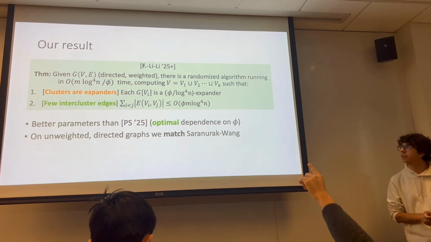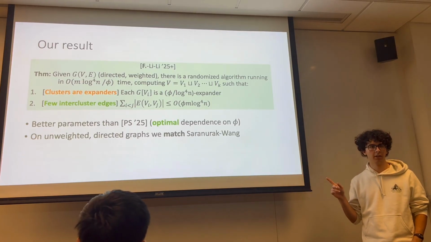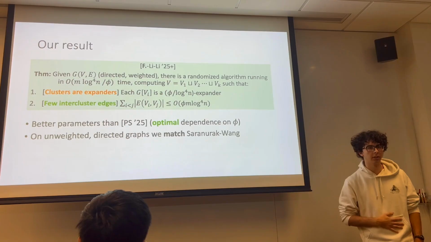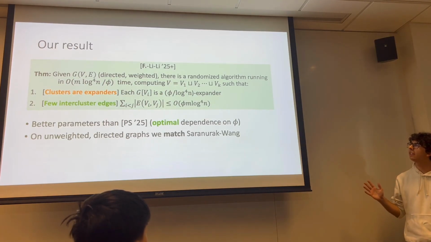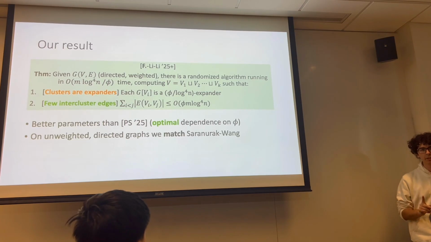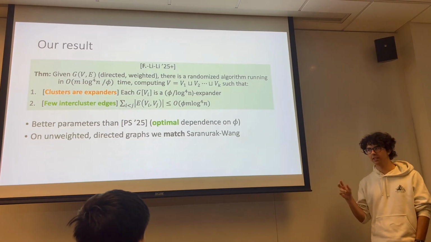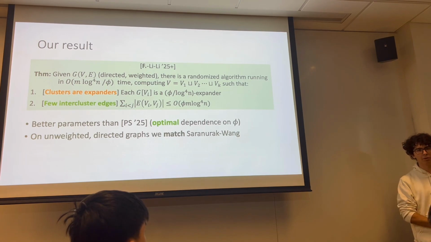Yeah. I thought that this overhead in the runtime shouldn't actually be necessary, right? Oh, you mean there are algorithms? Yeah, that's true. You can get rid of the overhead. Yeah, I just mentioned it because you said. But, okay, I guess Saranurak and Wang can achieve 1 over phi. So to make it comparable to Saranurak and Wang, you don't need the overhead.